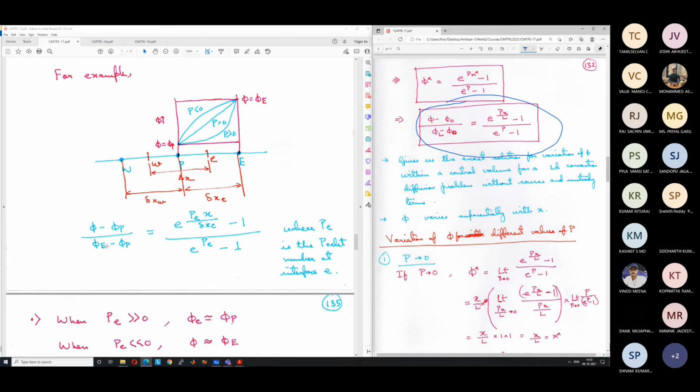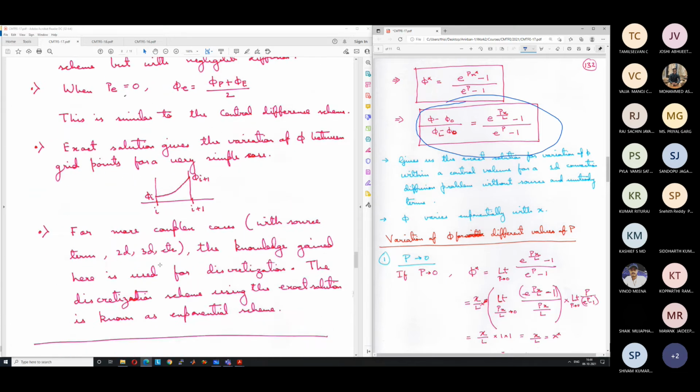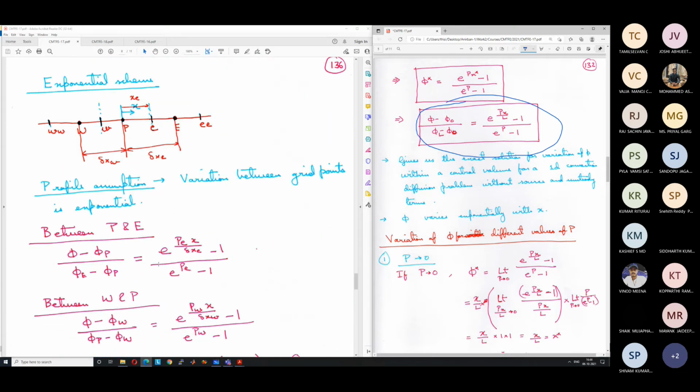So don't just replace phi E by phi W, that will be wrong. You have to understand why this has been represented like this. Let us try to derive that, what I am just discussing.